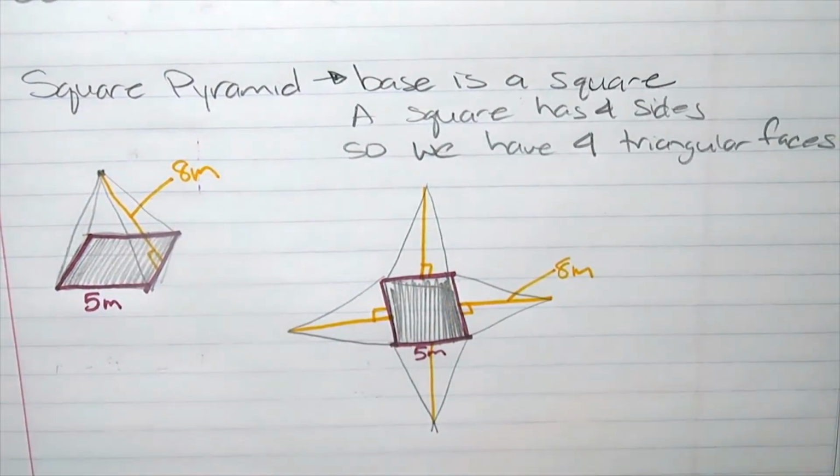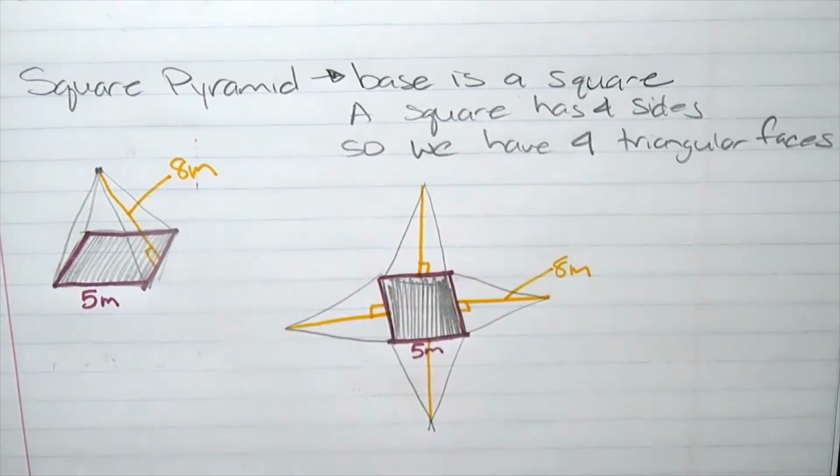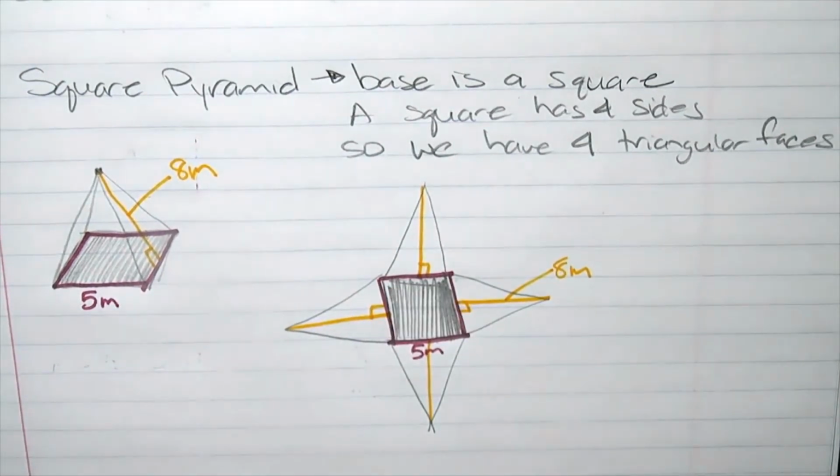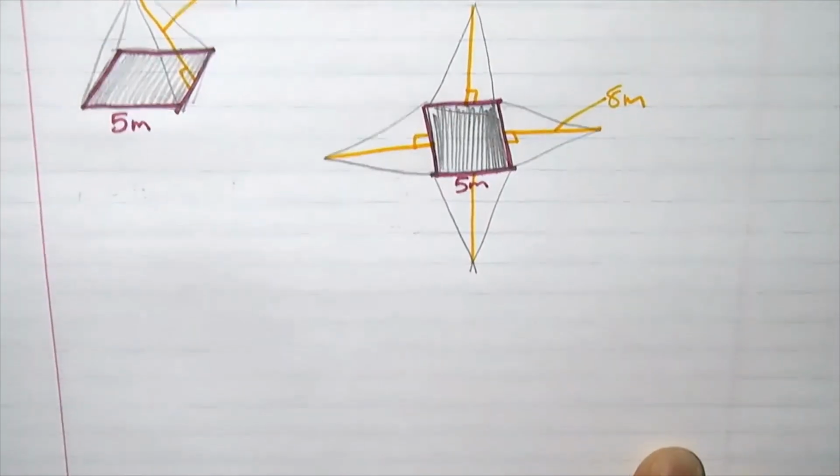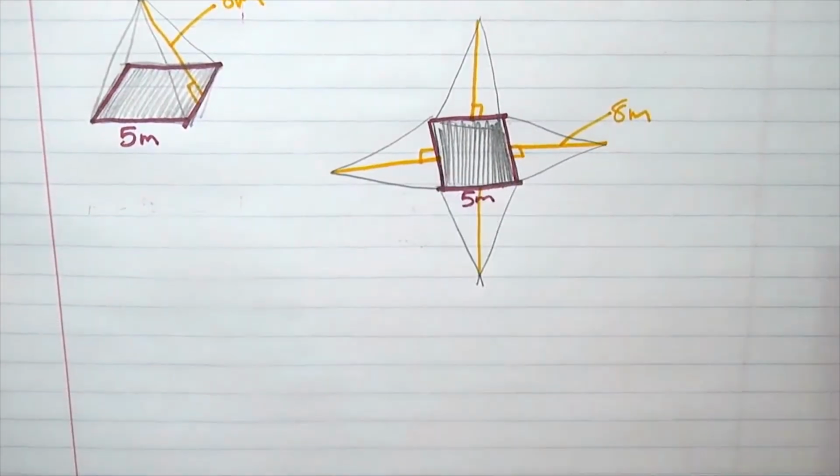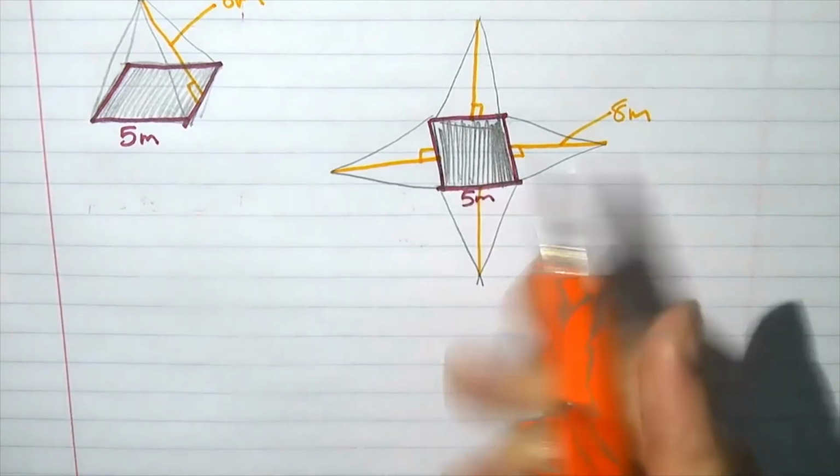So now this is a composite figure. We need to figure out the area of each of these shapes. The first shape I want to figure out is my base.